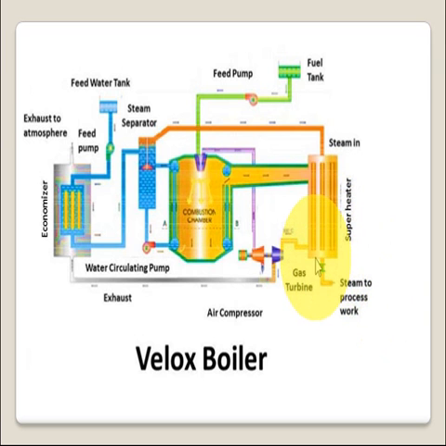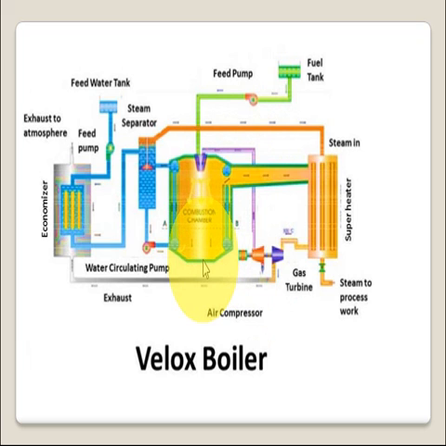The exhaust gases from the superheater enter the gas turbine, which runs the gas turbine, and the power developed by the gas turbine is used to operate the axial flow compressor. The axial flow compressor compresses the atmospheric air and supplies it to the combustion chamber at 2 to 3 bar.